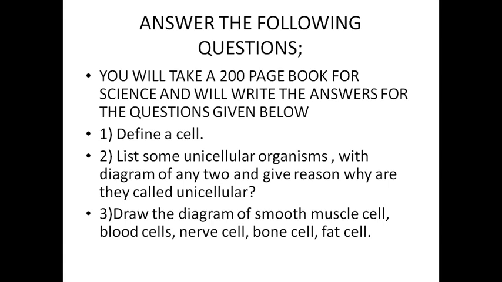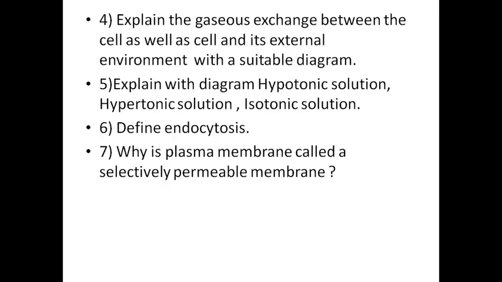Third, draw the diagram of a smooth muscle cell, blood cell, nerve cell, bone cell, fat cell. Fourth, explain the gaseous exchange between the cell as well as cell and its external environment with a suitable diagram.